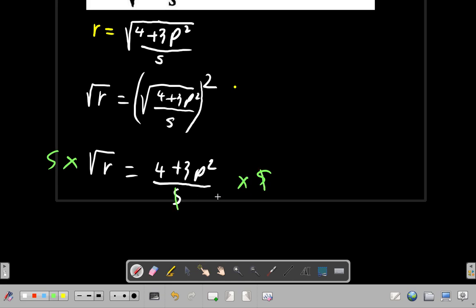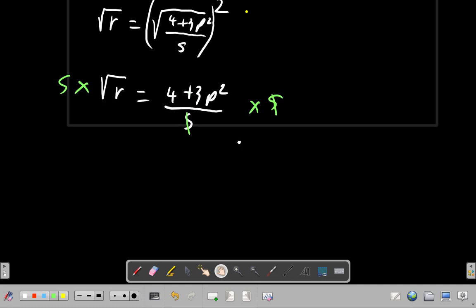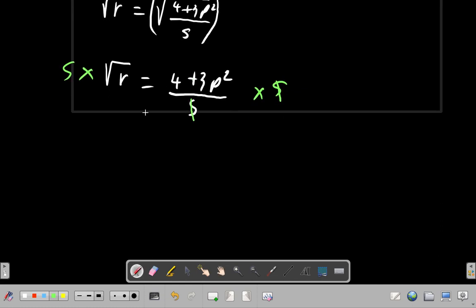Like this. So you really want to get rid of the square root, then get rid of the s, get rid of the 4, and get rid of the 3. You're going to have p squared equal, and then we will see how you move from p squared to p. But anyway, we continue. Next step.